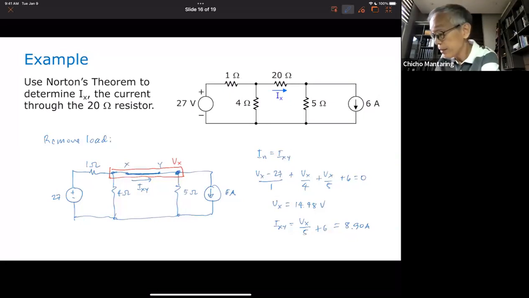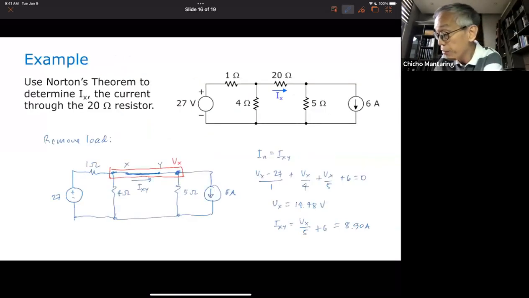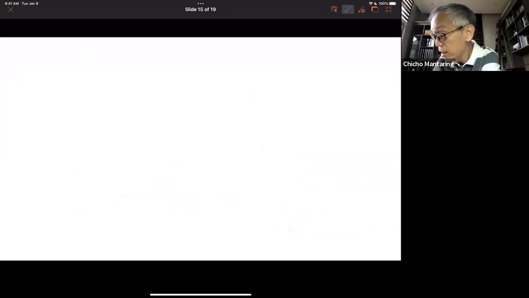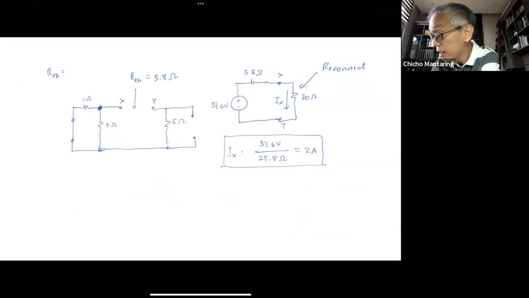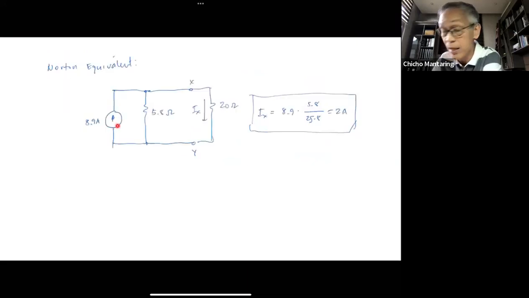And if you check, itong Norton equivalent should be the current source equivalent of this Thevenin equivalent. In other words, 51.6 divided by 5.8 should give me 8.9. No? Should give me 8.9. Any questions? Any questions?